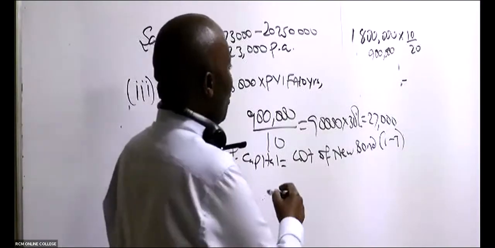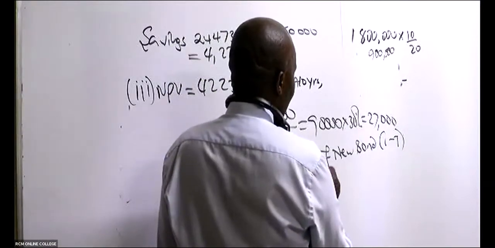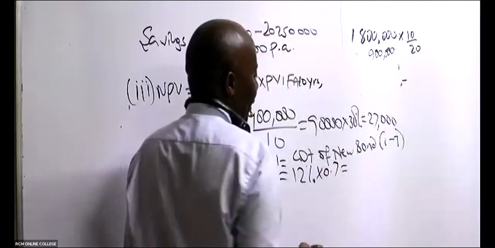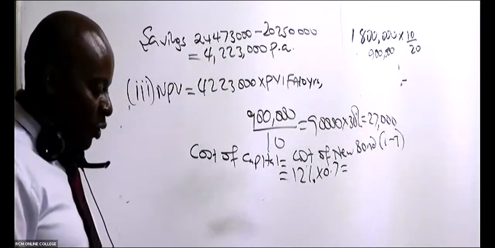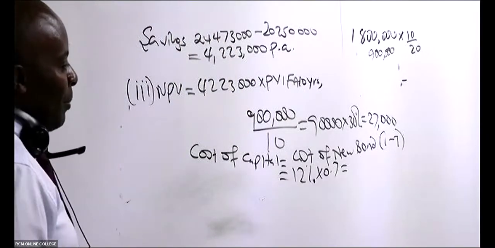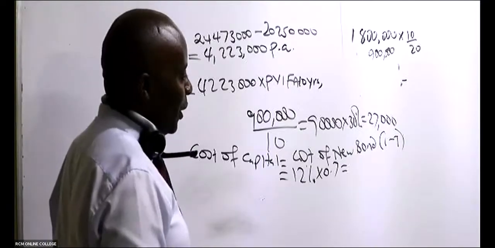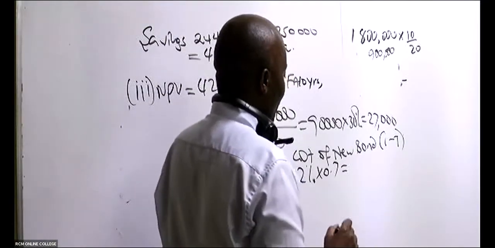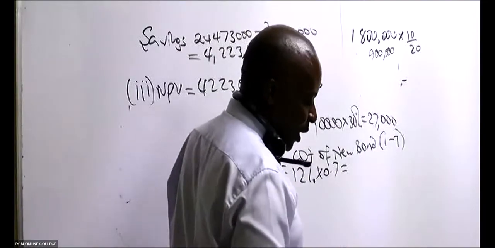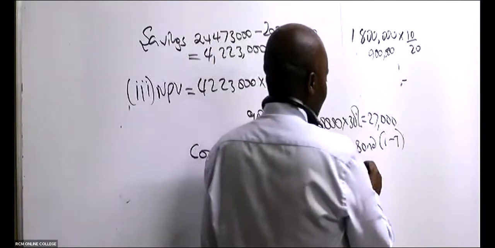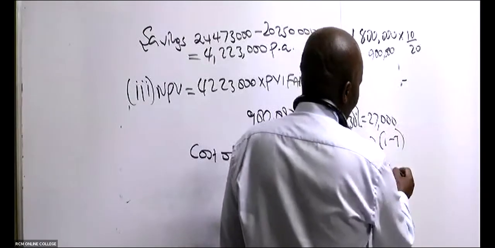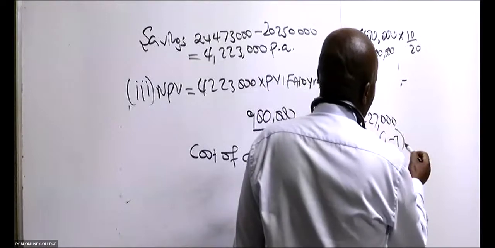And the cost of the new bond, you are saying it is 12%, isn't it? Times 0.7. So cost of capital for discounting purposes will be cost of new bond less taxation. So it will be 0.12 times 0.7, which will end up giving us what figure? 0.084, thank you so much, which is 8.4%.